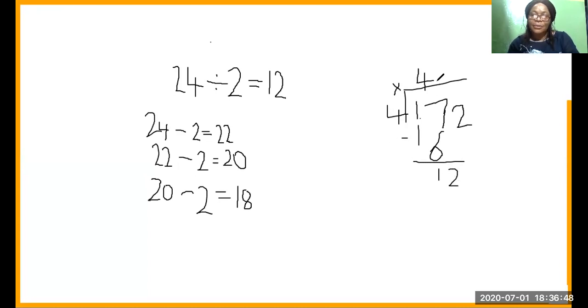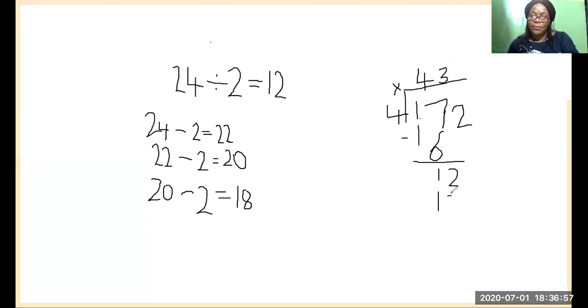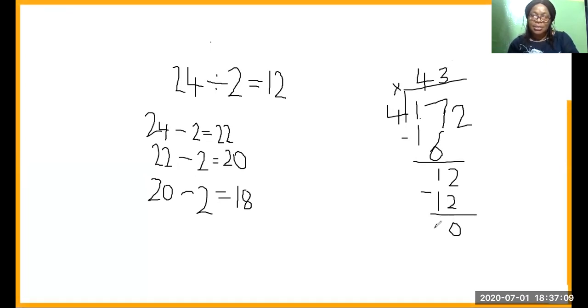And then you have 3. 3 times 4 is 12. Okay, here also you do a minus sign. Is that clear? And then 0 and 0. Therefore, the answer is equal to 43. Are we clear on that?